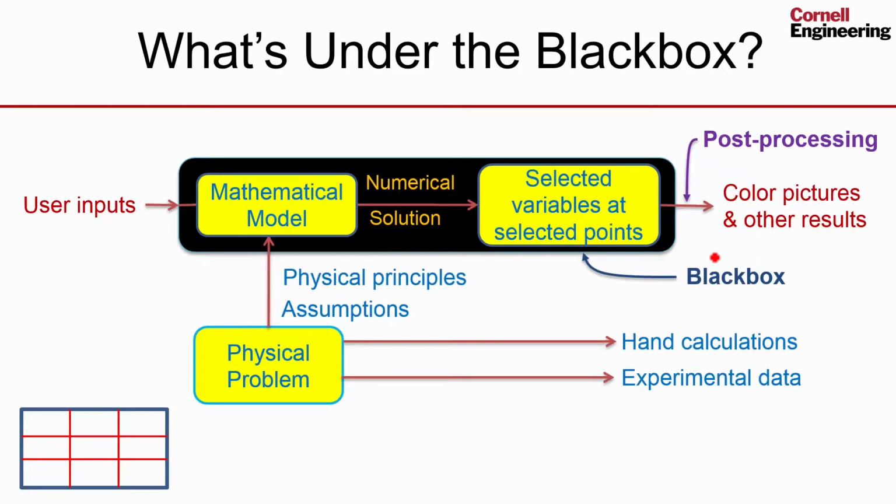So in the hand calcs in the fully developed region, we have the same model, and we have additional assumptions. And because of the additional assumptions, we get a closed form solution.